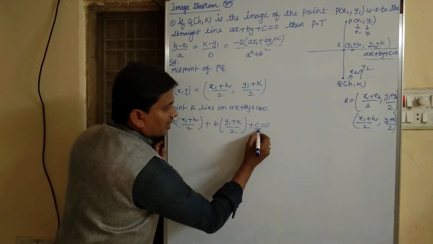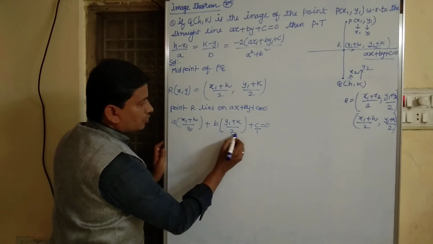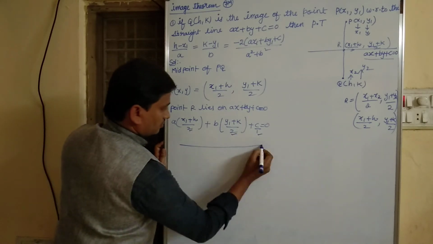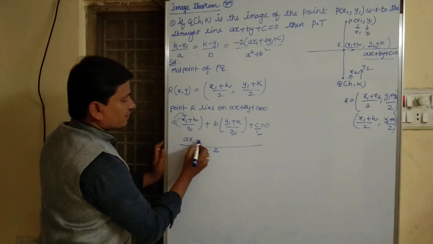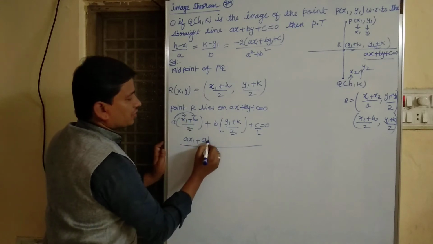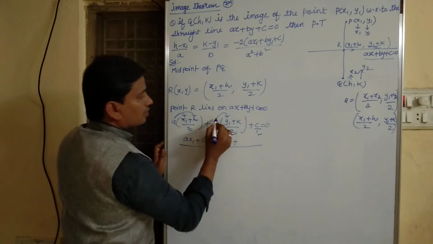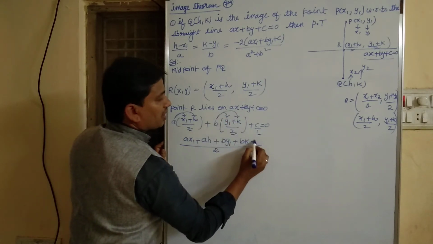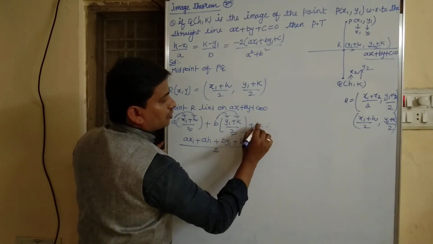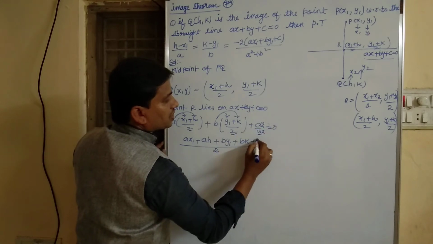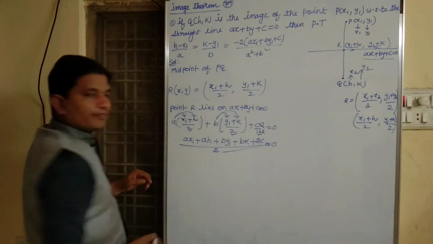So children, here the denominator is 2 and the term c has denominator 1. What is the LCM of 2 and 1? That is 2. So a into x1, ax1, plus a into h, ah, plus b into y1, by1, plus b into k, bk, plus 2 into c, 2c, is equal to 2 into 0, that is 0.